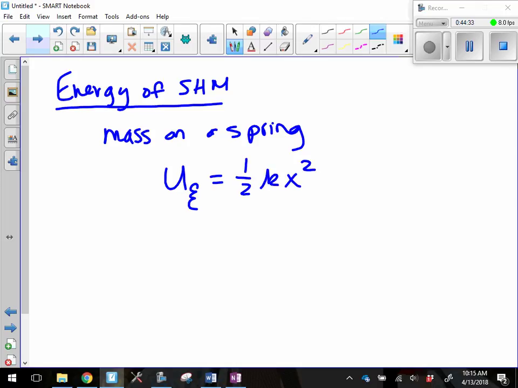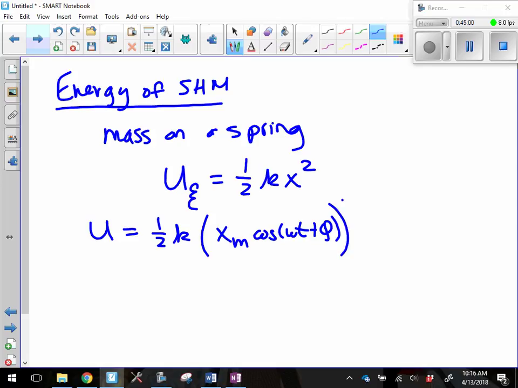Now, for a simple harmonic oscillator, x varies in a way that we understand and that we can model with an equation. So I could say that that potential energy is 1/2 k, and then remember, my x is x_m cosine(omega t plus phi), and that whole thing is squared.